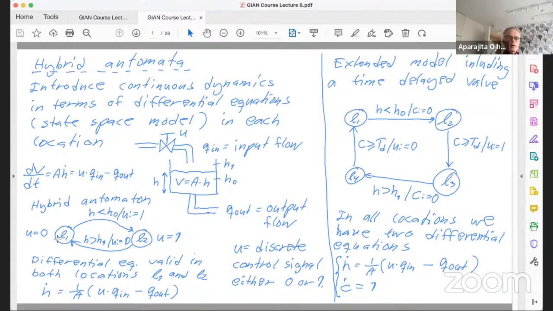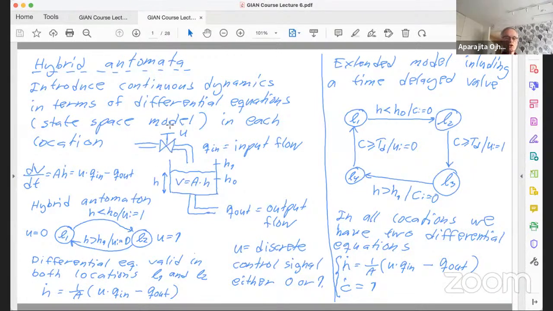Yeah, I mean, there are different ways to handle this. For myself, I find it a bit unnecessary to express it so explicitly in that way. It's enough that we update some logical variables or some integer variables that, for instance, have one value, in this case, just the valve control signal U, which could be 0 or 1, open or closed. 1 means open and 0 means closed.